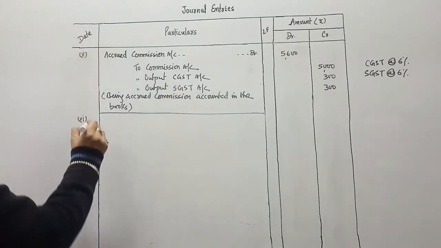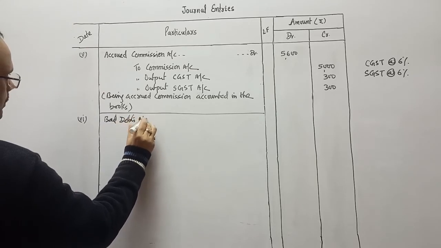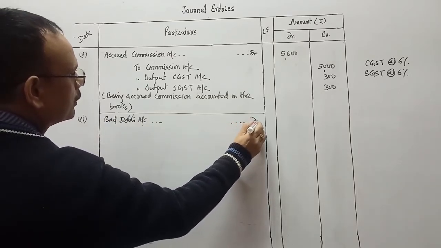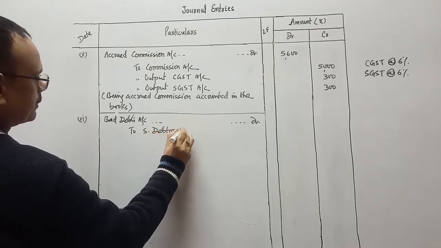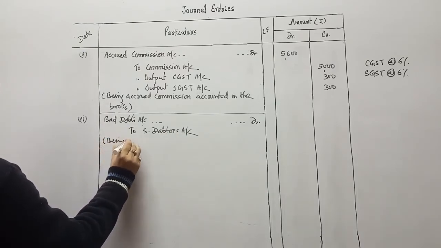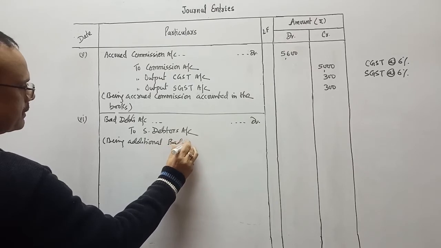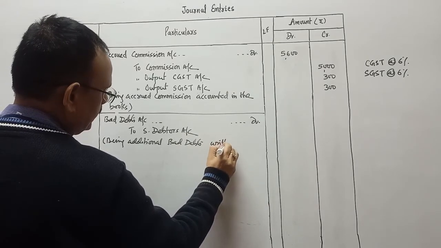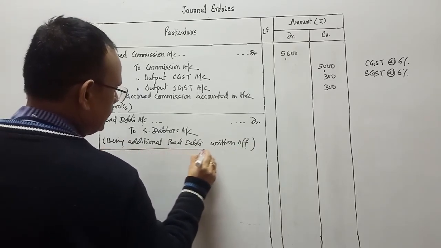For that, bad debts account debit to sundry debtors account, being additional bad debts written off.